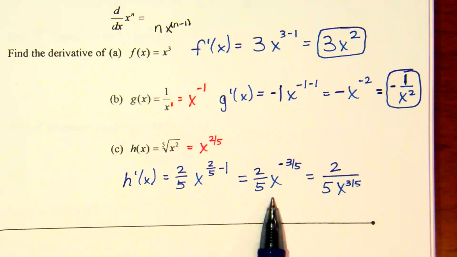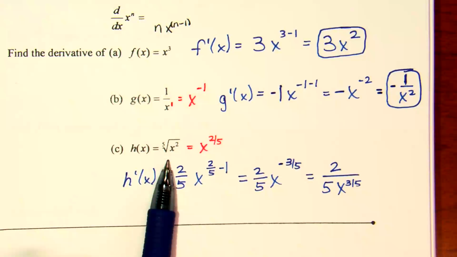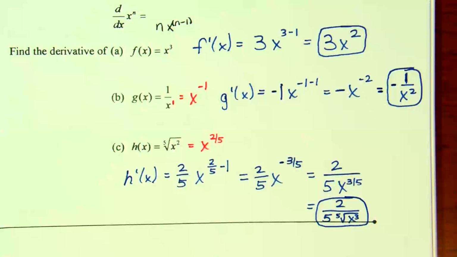Or, Daryl mentioned putting it back in the root form. If we put it back in the root form, this is 2 over 5 times the fifth root of x to the third. That's the one I have boxed. Honestly, it just kind of depends on the situation.